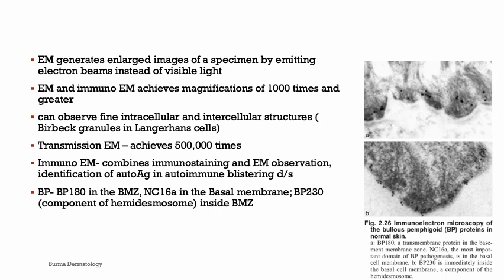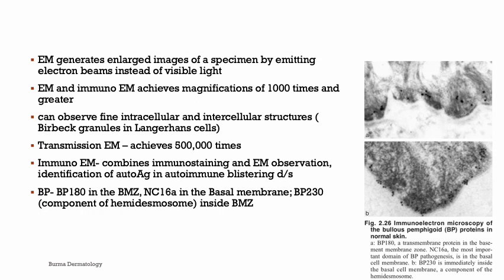Electron microscopy and immunoelectron microscopy achieve magnifications of 1000 times or greater than immunofluorescence, and therefore they can be used to observe fine intercellular and intracellular structures such as Birbeck granules in Langerhans cells.